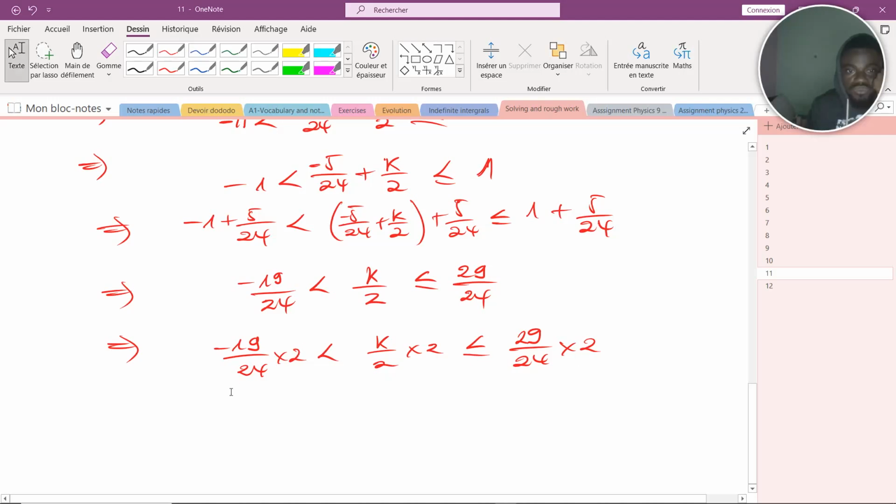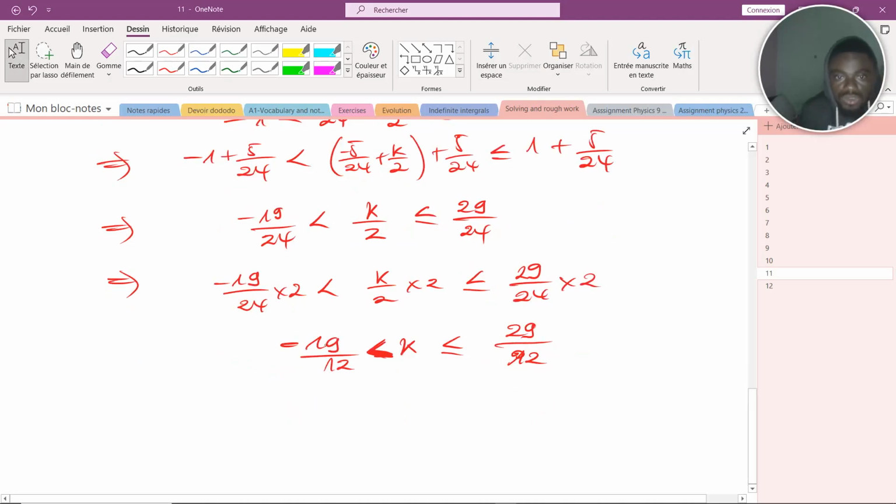So 2 here, 1 times 2 here, 12. So we're going to have k strictly greater than minus 19 on 12, less than or equals to 29 on 12. Is that okay? Now let's put 19 divided by 12.